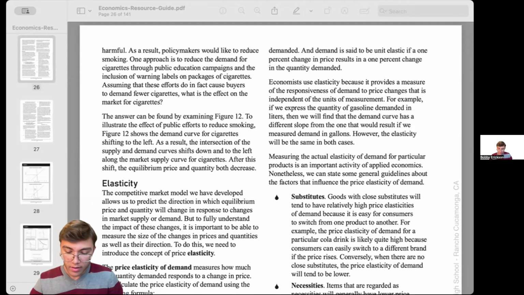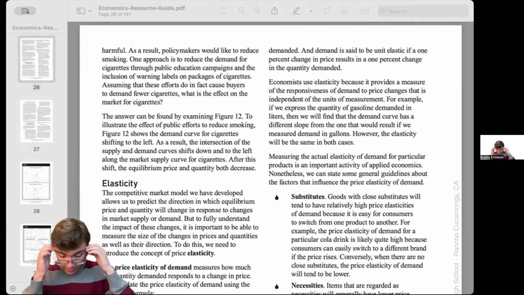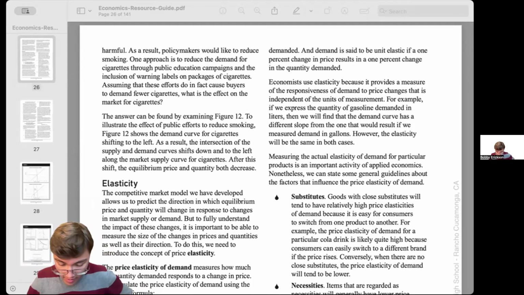So elasticity is important here because it measures the responsiveness of demand. This means it's how much the quantity demanded is changing based on a change in prices. And so it's independent of units of measurement.